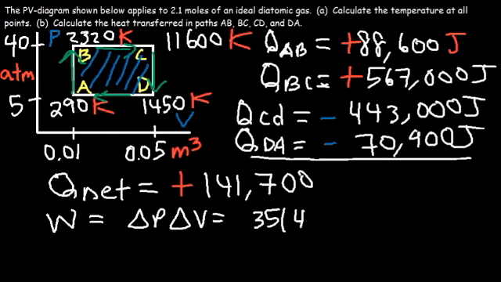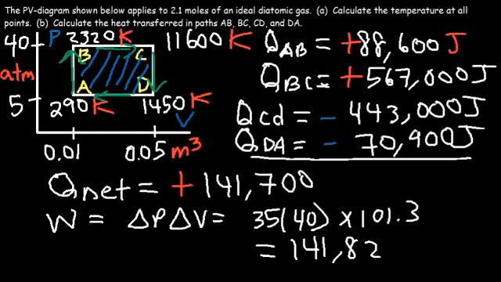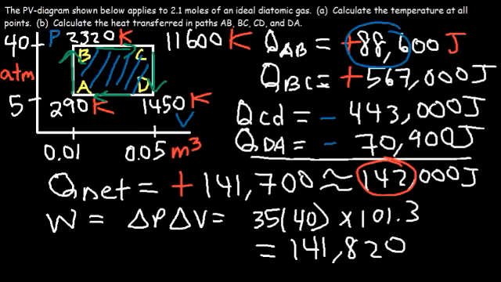That's 40 liters multiplied by 101.3 to convert it to joules. And this will give you about 141,820. But let's round these values to approximately 142,000. It's about the same if we keep it to 3 sig figs, as we've been doing for each of these problems.